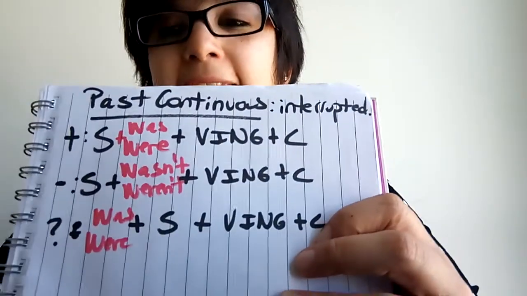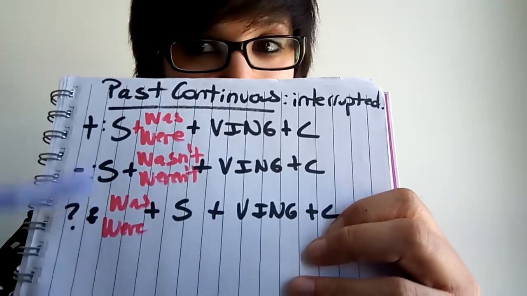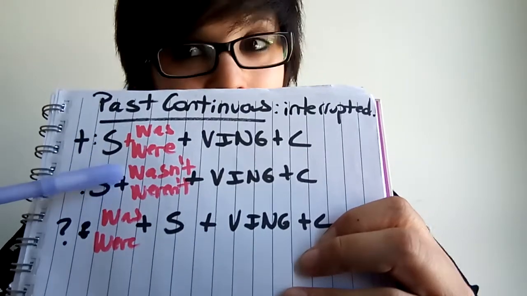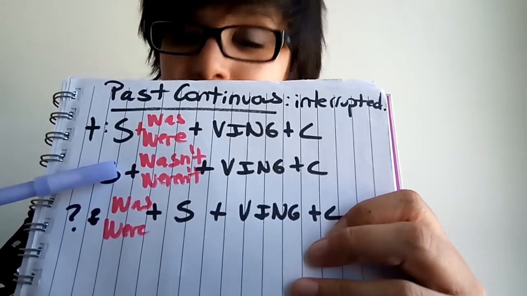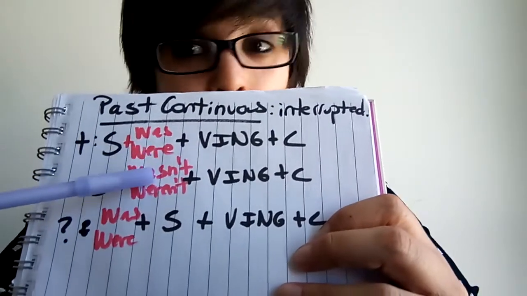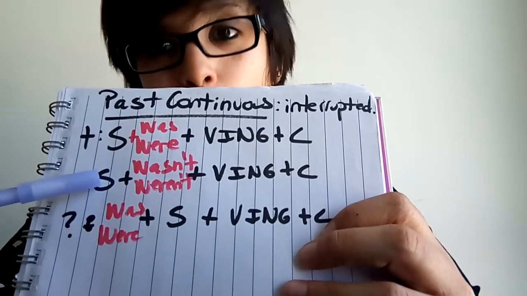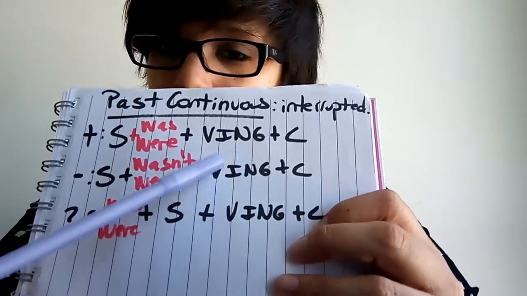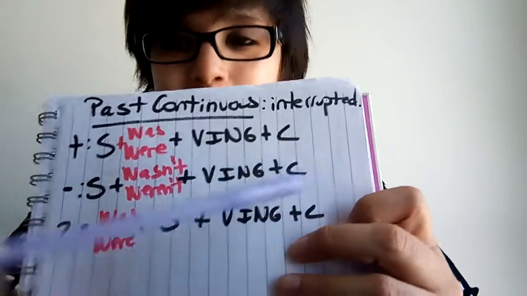Okay? Then in the negative form, you have subject. According to the subject, remember, if you are talking about I, he, she, or it, you have to use wasn't. If your subject is you, we, they, you use weren't. Then the verb with ing, and of course the complement.